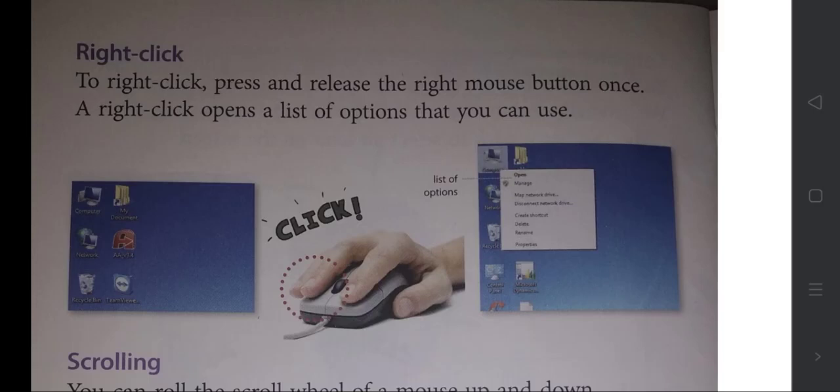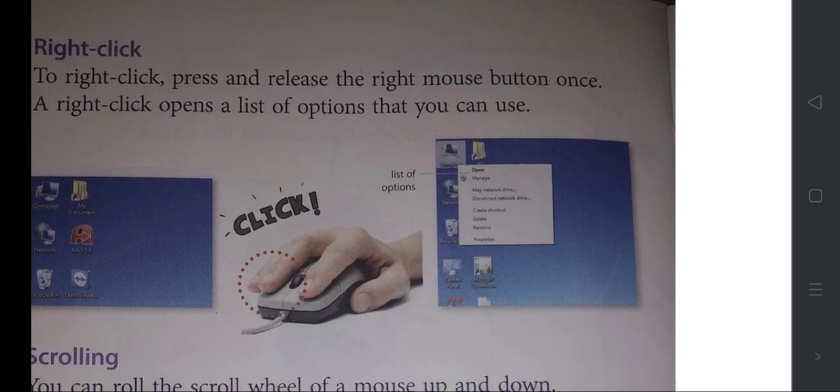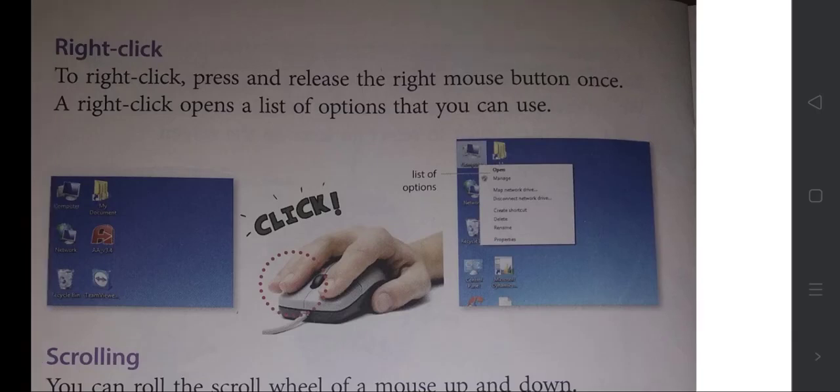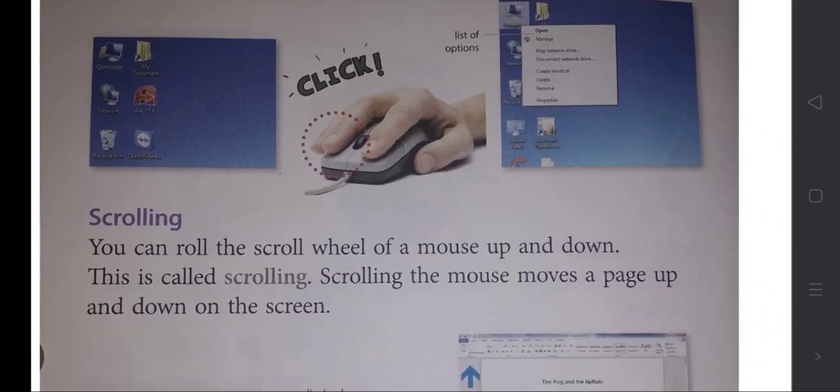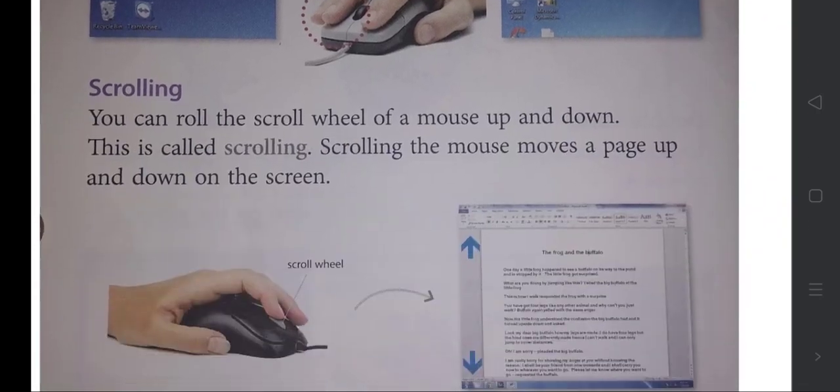A pop-up drop-down menu will appear, and from that you can choose your own option. You can delete, create a document, rename, open, manage, and see the properties. These are all the options available in the drop-down menu.